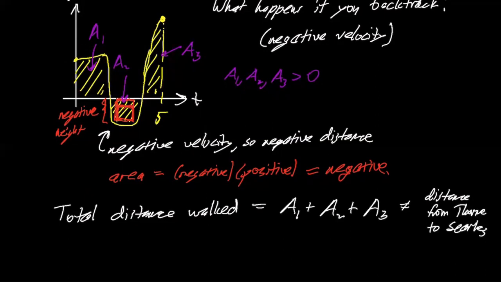And by the way, one subtlety I should say is you're going down here to negative, you're going back towards Thorn, but only if these areas are equal do you actually make it back to Thorn, right? Because you go positive, and then you go back for the same amount.